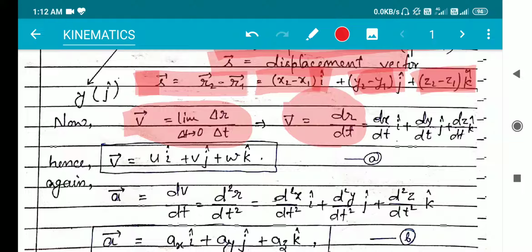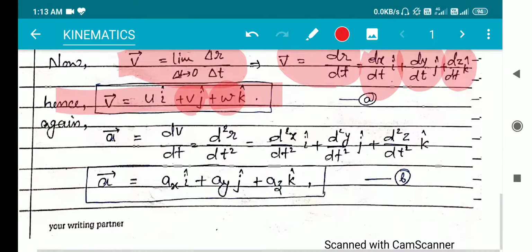Further, you can write dr by dt individually in the x, y and z directions, or write velocity v equal to u i cap plus v j cap plus w k cap. Here u represents the velocity of that insect in the x direction, v the velocity in the y direction, and w the velocity in the z direction.